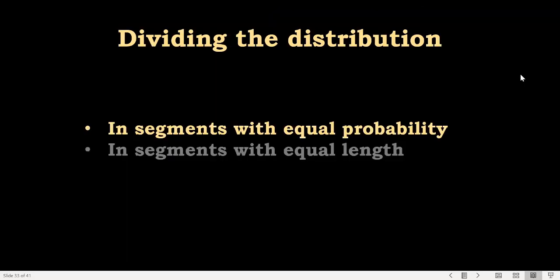Until now we provided an interval or several intervals of equal length, and we determined the probability of observing a value within that interval. Now we do almost the opposite. We provide intervals of equal probability, and we want to know where that interval is located.